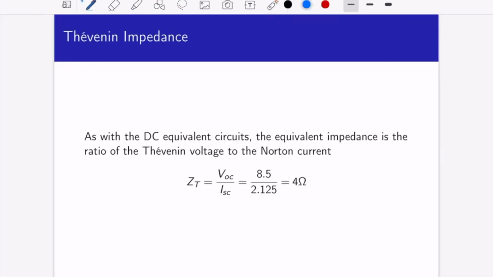I did not write in the angle of 0 here, but you could have if you like. What that's going to be is 8.5 over 2.125, which turns out to be 4 ohms. And so we end up with an interesting situation where ZT is purely real, and so it is a resistor without a capacitor or an inductor.